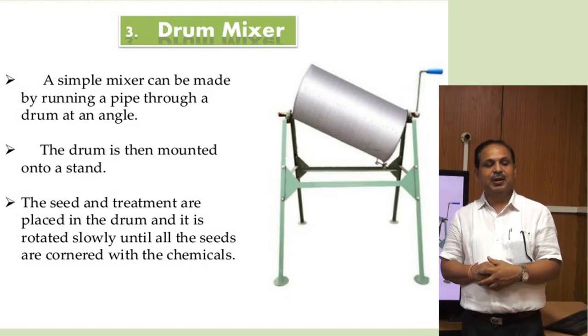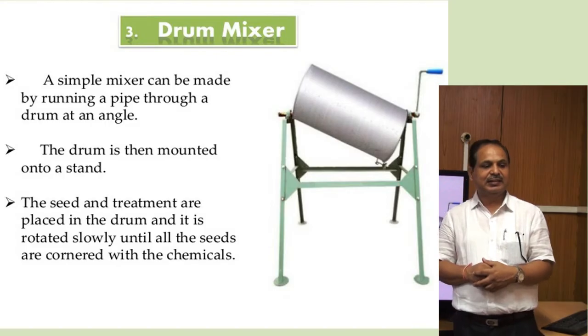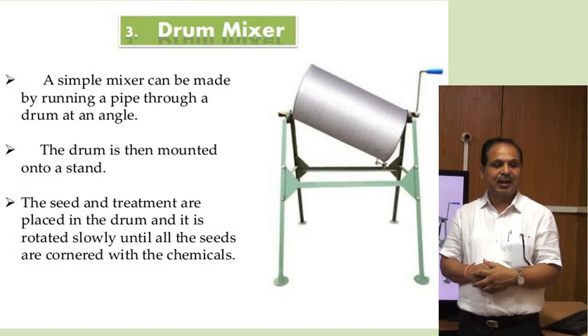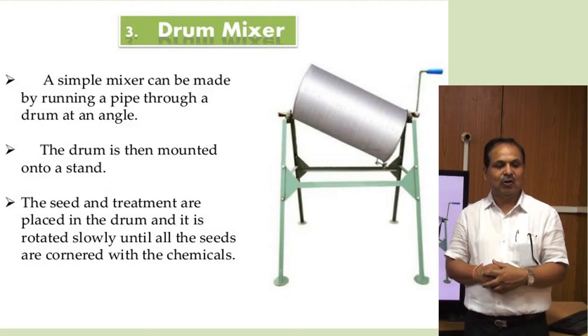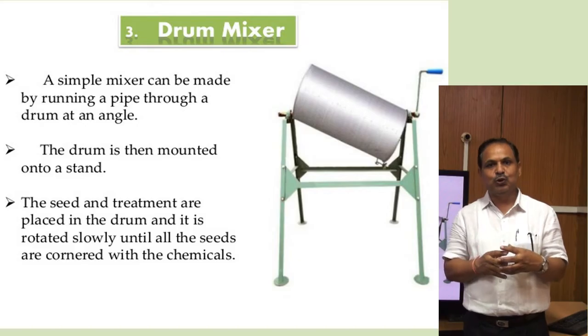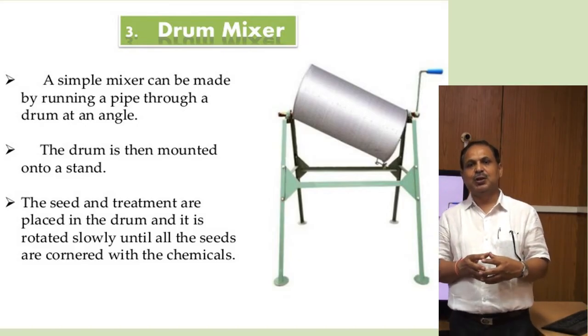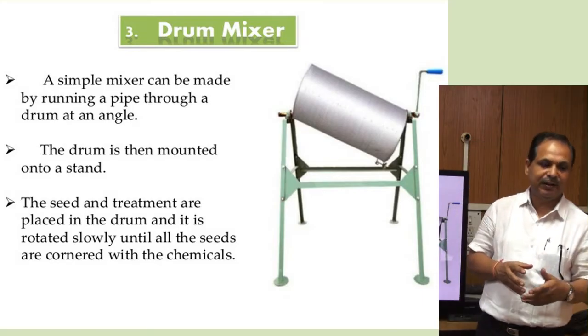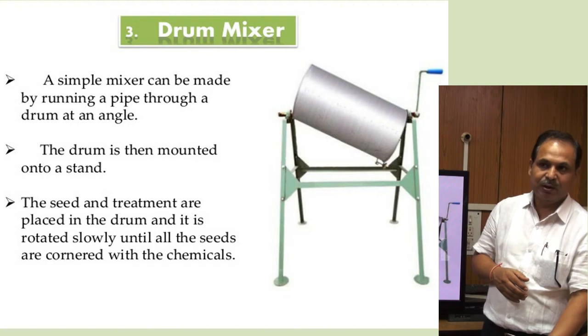The drum is mounted on a stand, and the seeds and treatment are placed in the drum and rotated slowly until all the seeds are coated with the chemicals. The dose of chemicals must be optimum; the recommended dose should be given in the drum with the seeds and properly rotated slowly until the seeds are properly mixed.